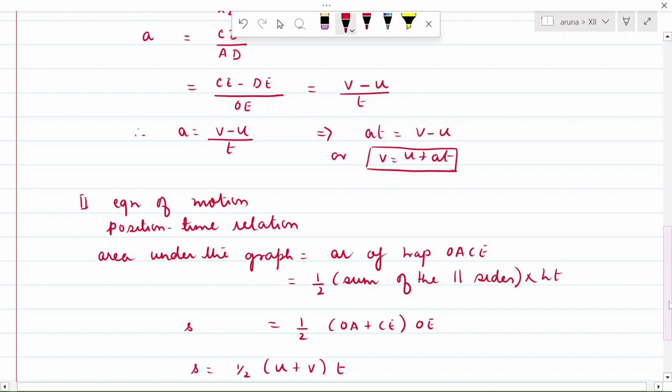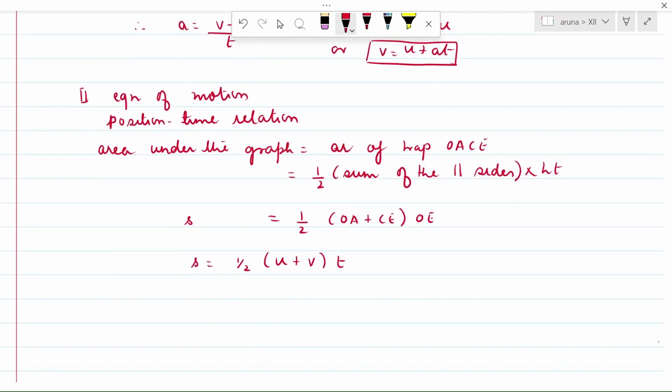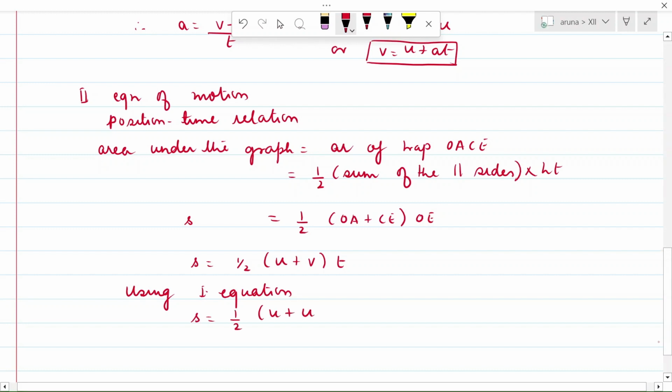For the second equation, it does not have final velocity in its expression. So we are just going to replace v using the first equation. Using the first equation, s becomes equal to half u plus at into t.